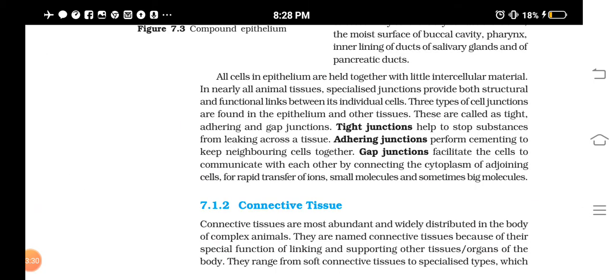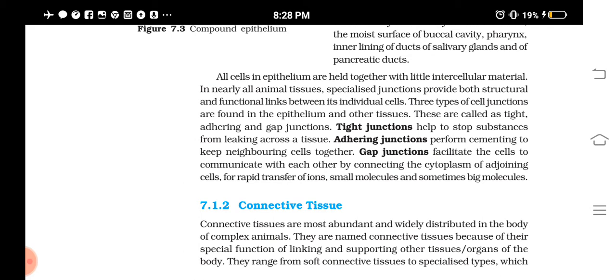As I told, the epithelial tissues have very little intercellular material. In animal tissues, at the junction of cells, meaning the space between two adjacent cells, you can find what? Three different types of junctions.